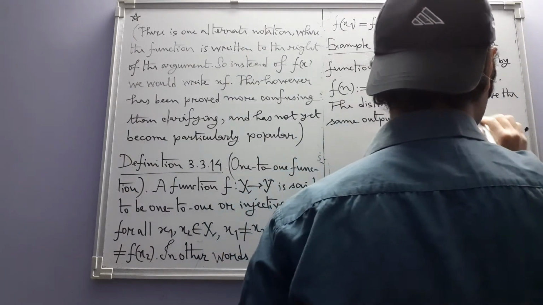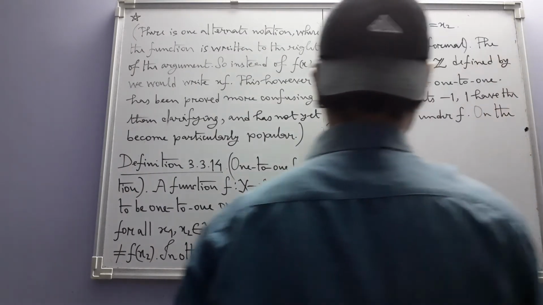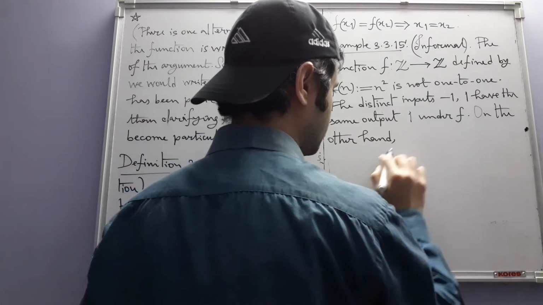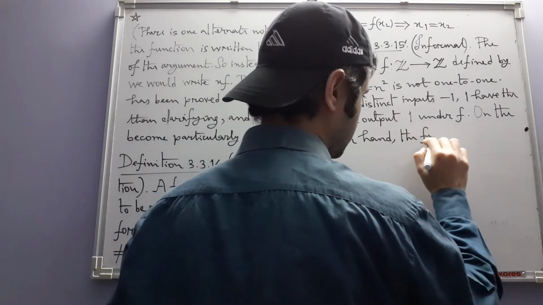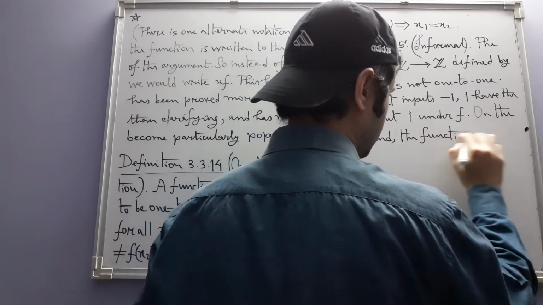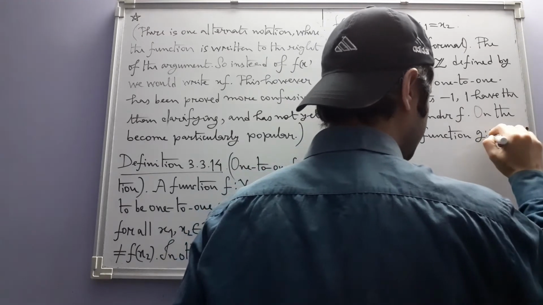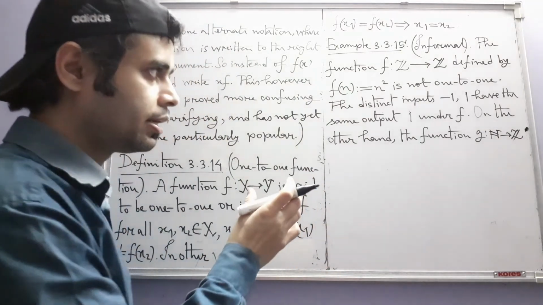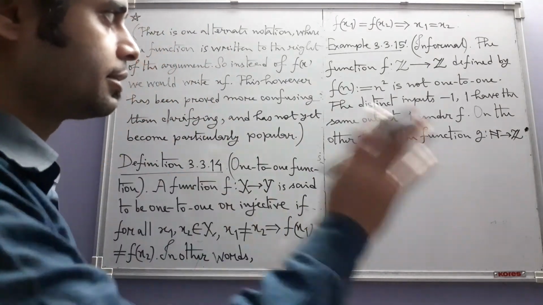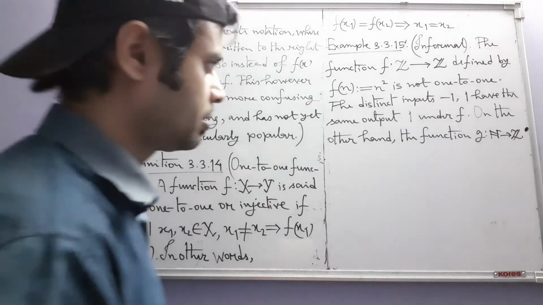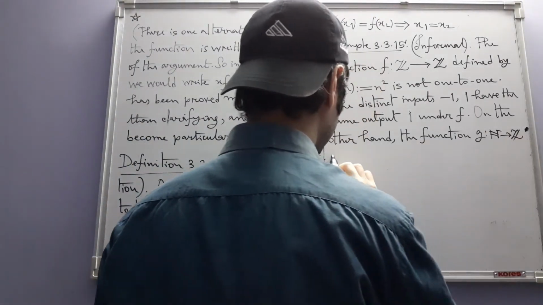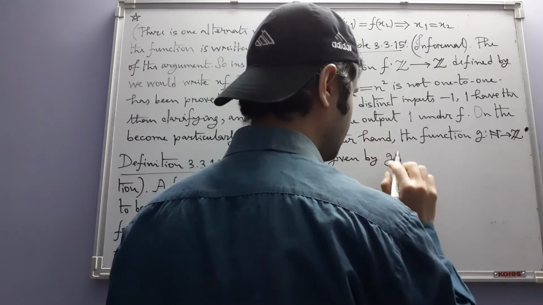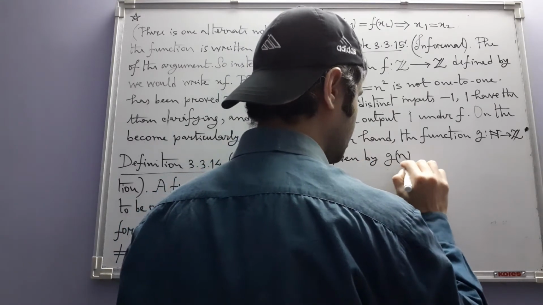On the other hand, the function g from N into Z, now we have considered a smaller domain, not the entire integers but only the natural numbers, given by the formula is same but the domain is different.